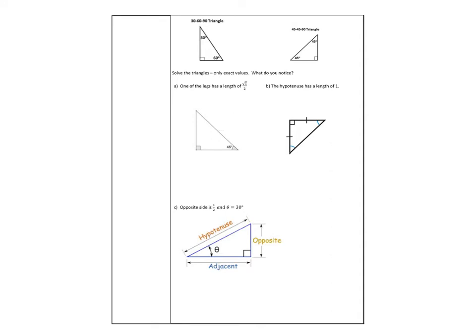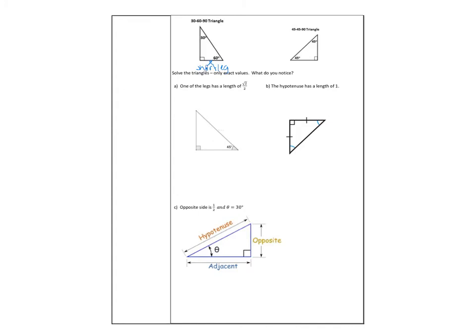We always start with the shortest leg. That's the one opposite the 30-degree angle. I'm going to call that x, and write in short leg, because everything's based on that short leg.